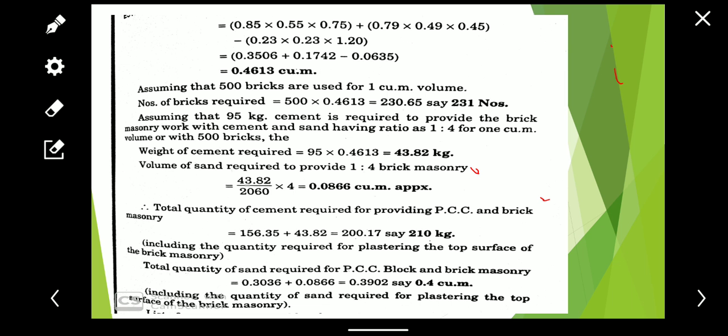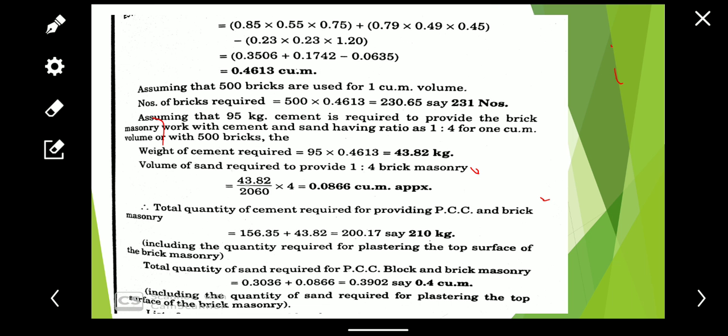So the total quantity of cement required for providing PCC and the bricks is equal to 156.35 plus 43.82, which is 200.17. That means we require 210 kg.